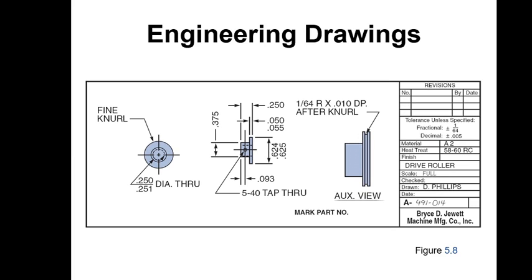As you can see here, this is an example of an engineering drawing. When we talk about tolerance in the previous slide, we mean, for some machines, fractions, for example plus or minus 1 over 64. In decimal, it is equal to plus or minus 0.005.